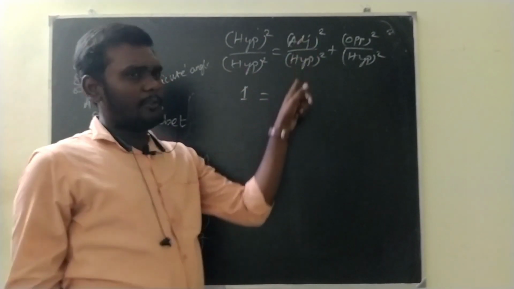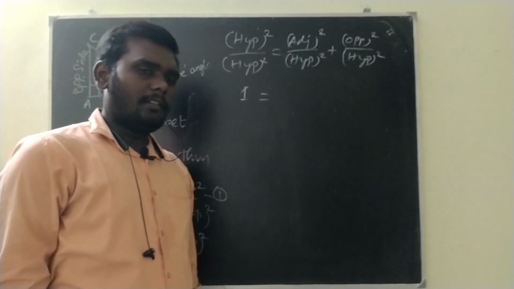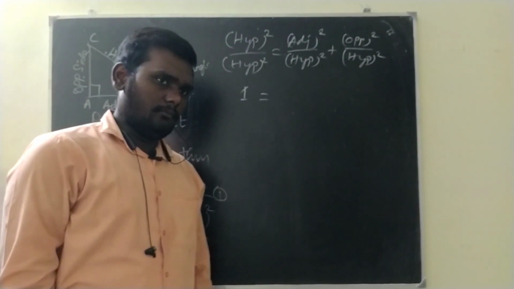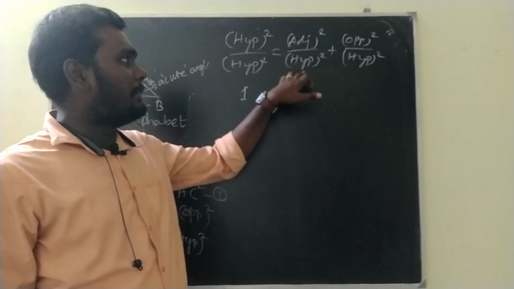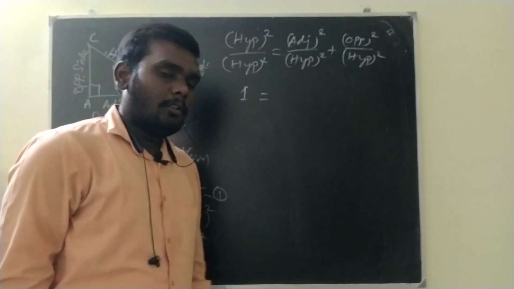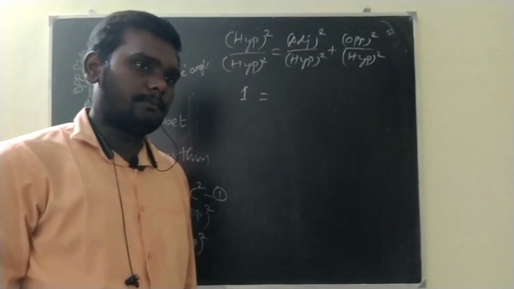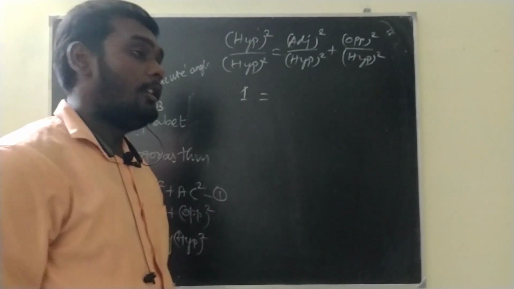Have you seen this guy before? Adjacent by hypotenuse, it is possible to write this like adjacent by hypotenuse whole square. What ratio we named like adjacent by hypotenuse? Cos theta.